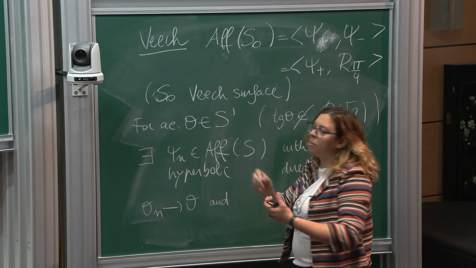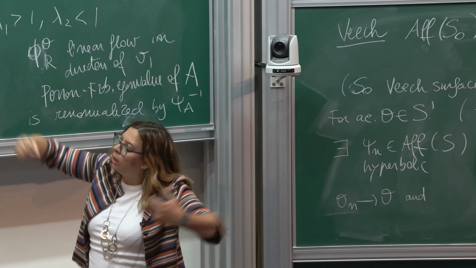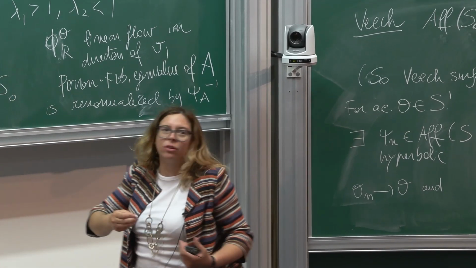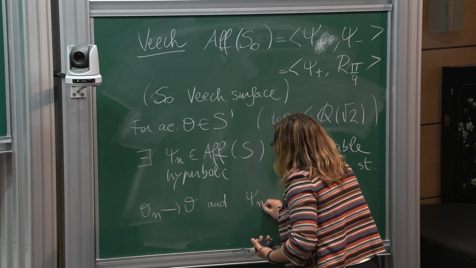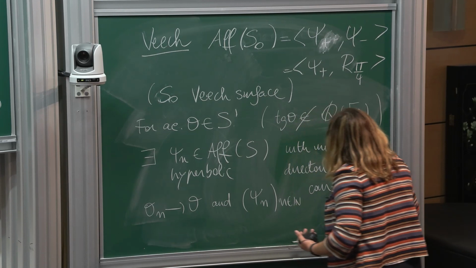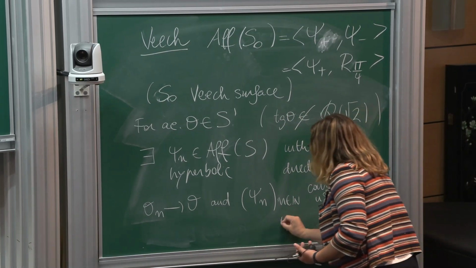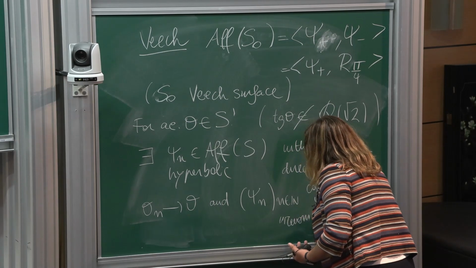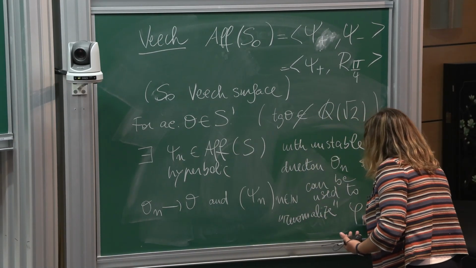And so maybe I cannot use the same automorphism to rescale trajectories, but I can use a sequence. And the sequence psi n can be used to renormalize the linear flow in direction theta.